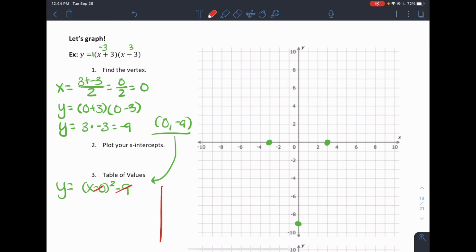So what's left over is just x squared. So for x of negative 2, negative 1, 0, 1, 2, I get 4, 1, 0, 1, 4. Remember, just plugging those values in for x. And I get a parabola.